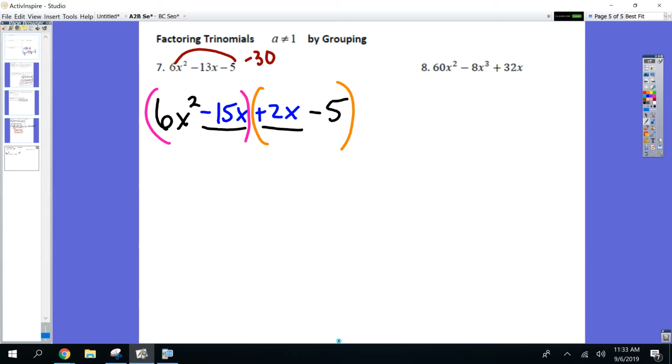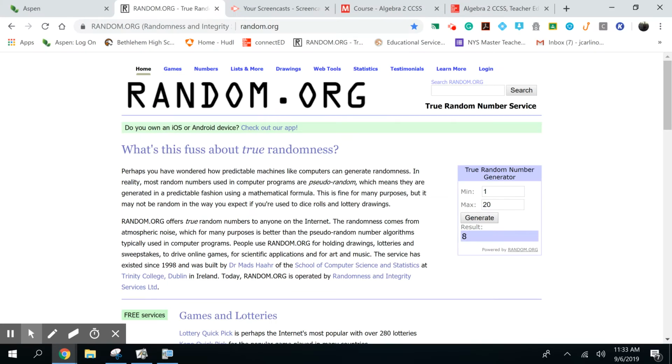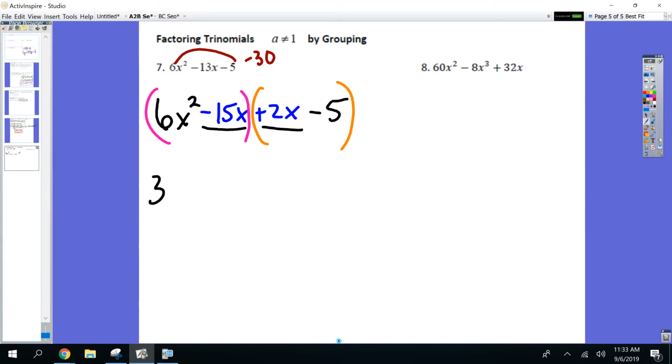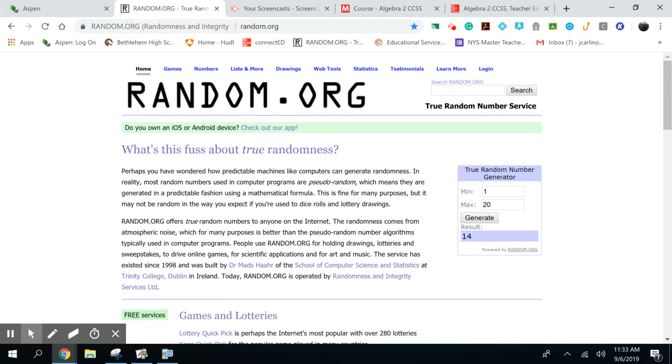All right, what do you want to take out of the first one? 14. What do you want to take out of the first one? Yep. And what are you left with? And what do you want to take out of the next one? 5?